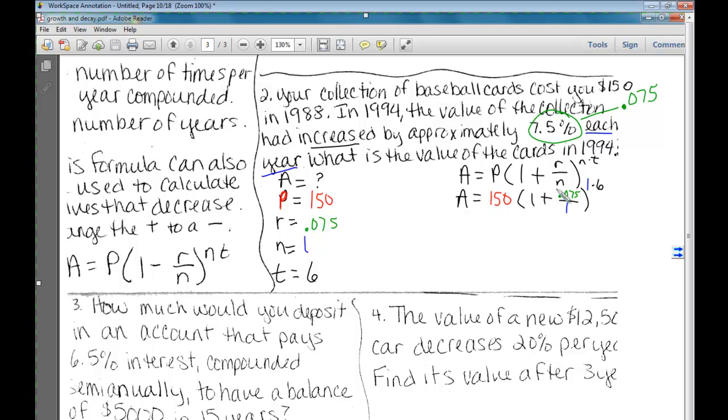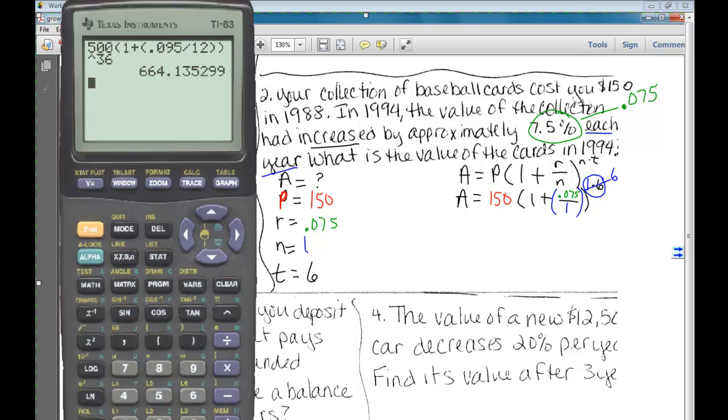Remember, we do have to get this calculator ready, so we want to put a parenthesis around our fraction. And then 1 times 6 is just 6. So I'm going to go ahead and just put that there. And now let's look at our calculator. Clear. We have 150, open parentheses, 1 plus 0.075.